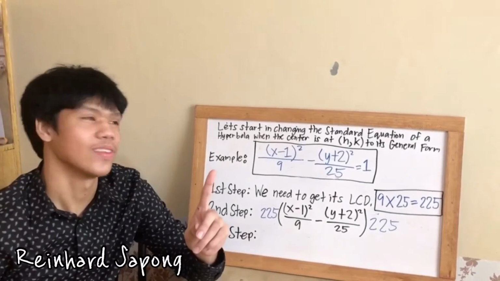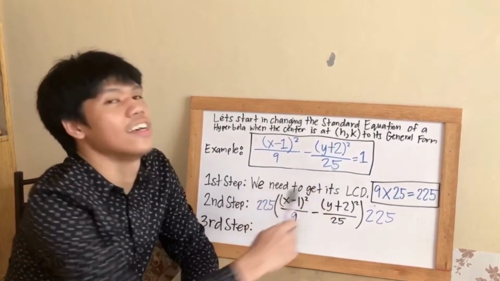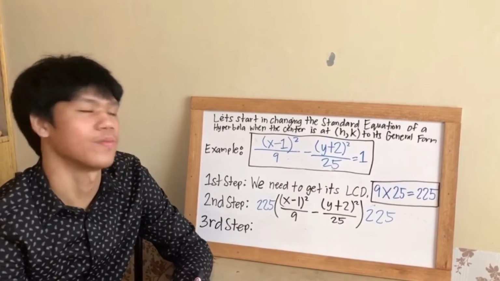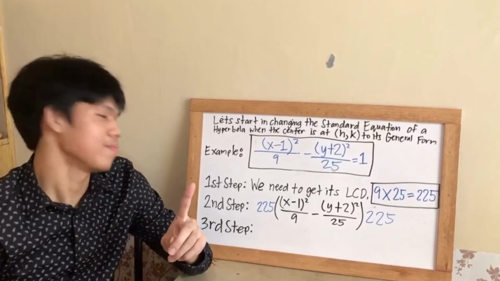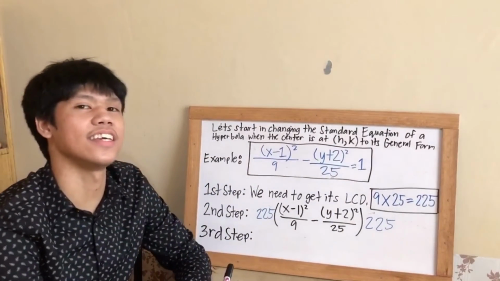First example, we have a standard equation and our goal is to convert it to general form. First step, we need to get its LCD.